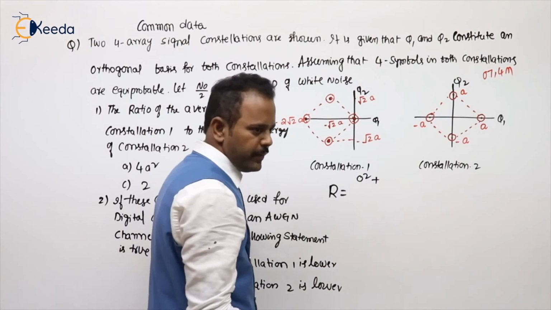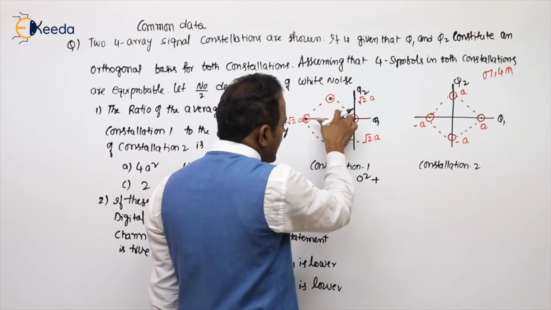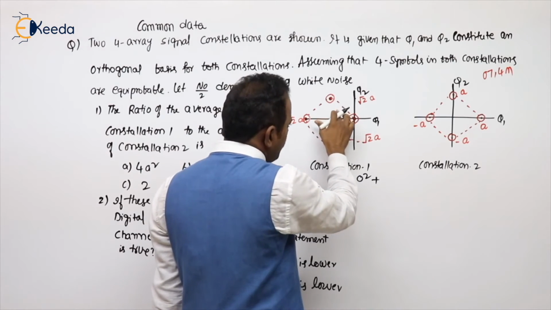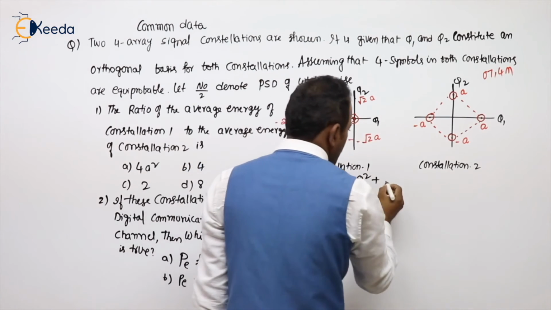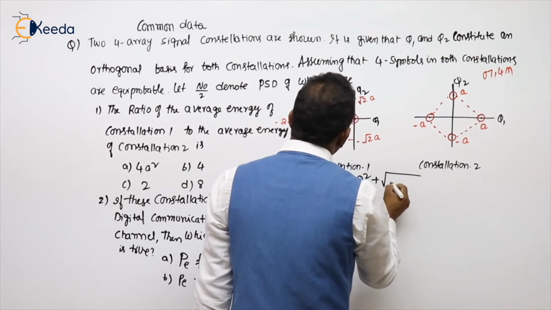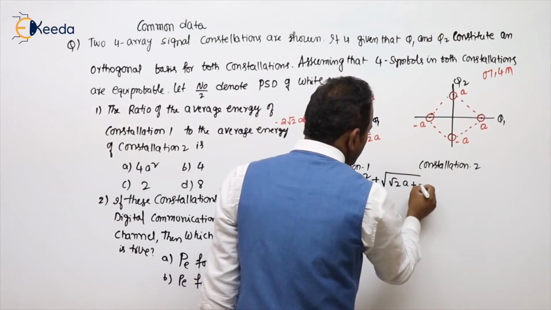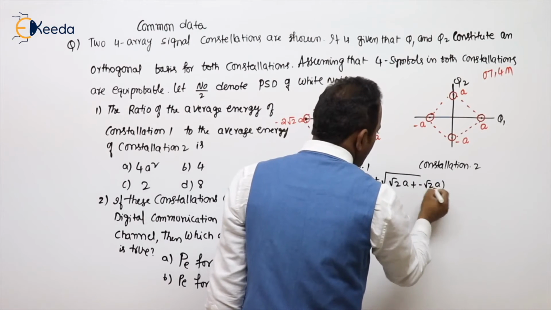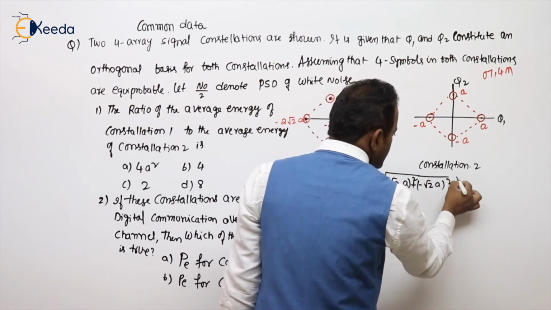If you apply the Pythagoras theorem, this diagonal value will be equal to root of opposite side whole square plus adjacent side whole square. So root of opposite side will be root 2a plus minus root 2a whole square. This is also squared.